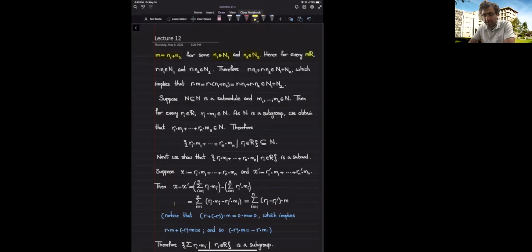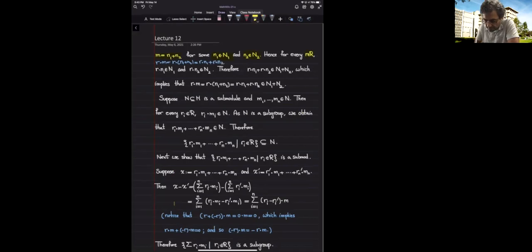So I pick an arbitrary scalar, and I multiply R by the summation. When I multiply R by the summation, I can use distributivity on the module side and get R n1 plus R n2.